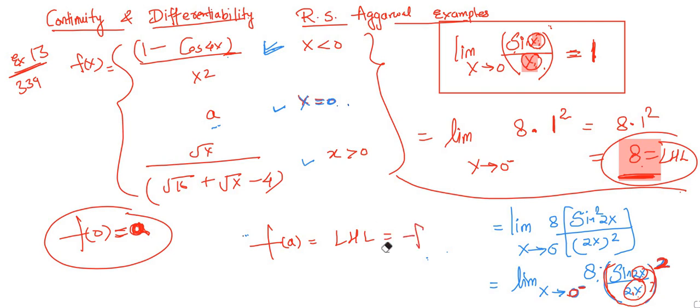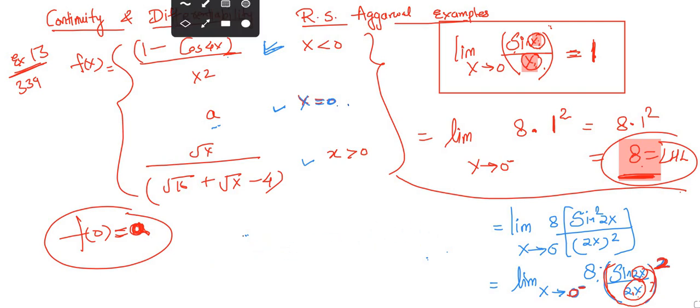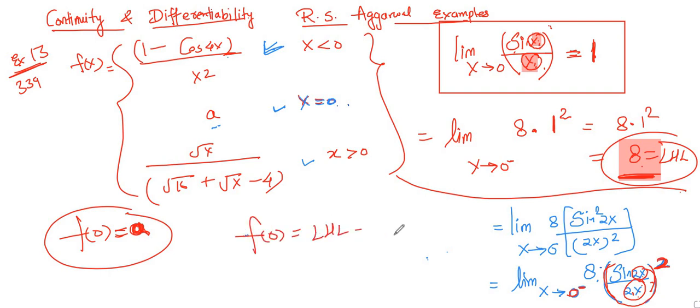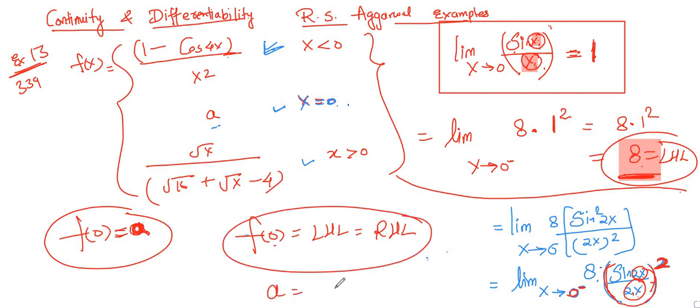Because it is continuous at 0, f(0) is equal to LHL is equal to RHL. Okay, f(0) is a and LHL is 8. So this is my answer. That is how we don't need to calculate RHL, though I will show you how we can use RHL as well.